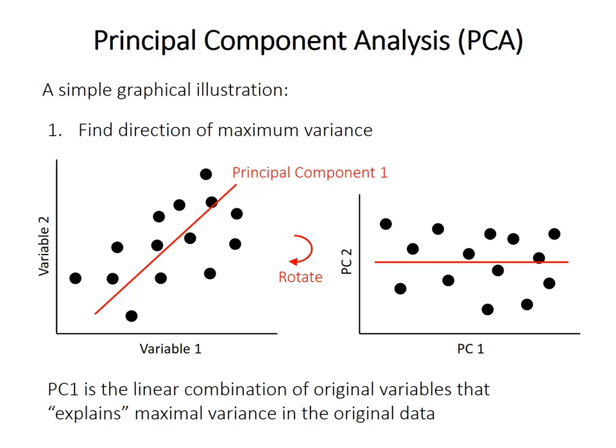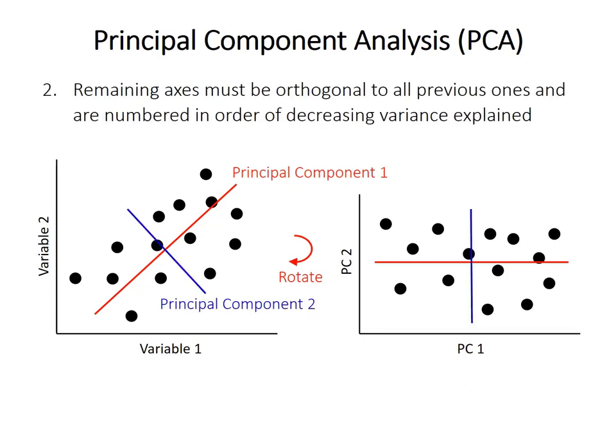The points are then rotated such that PC1 becomes the horizontal axis. The remaining principal component axes are orthogonal, or perpendicular, to all the previous principal components and are ordered by decreasing variance explained. So PC2 explains the second largest amount of variability in the original data, PC3 is the third, and so forth, depending on however many variables you have in your original data set. I'm showing you this in two dimensions. It's fairly easy to visualize the direction that's perpendicular to PC1, but it works in multidimensional space as well.